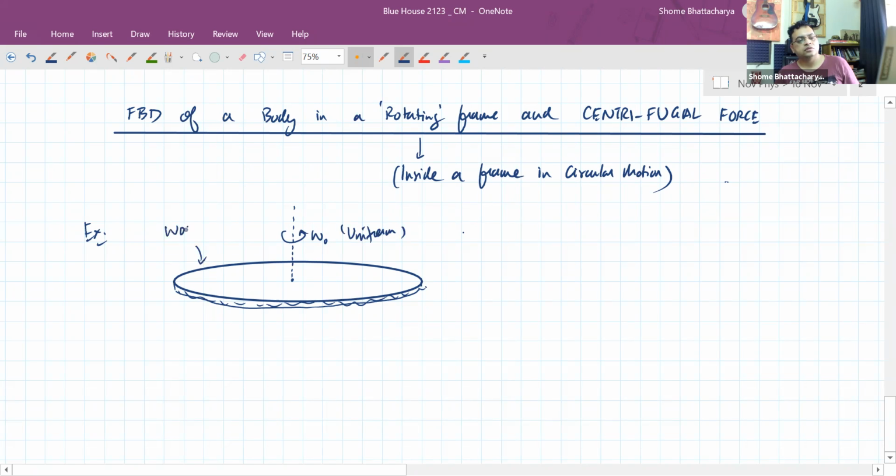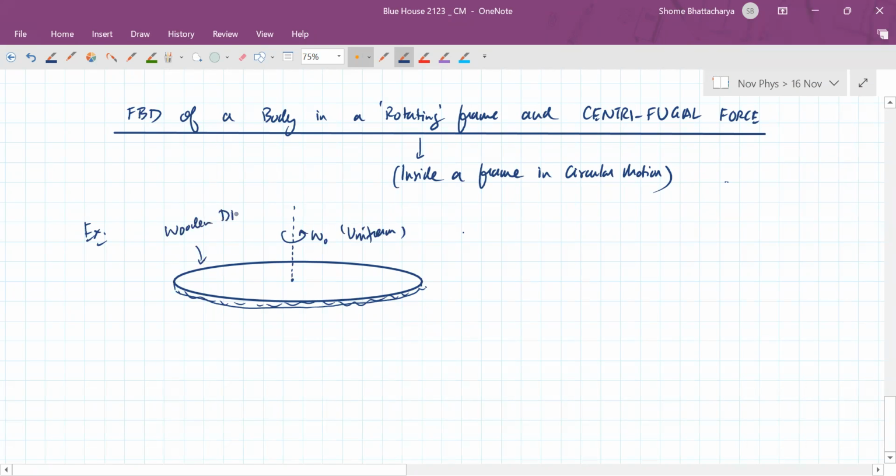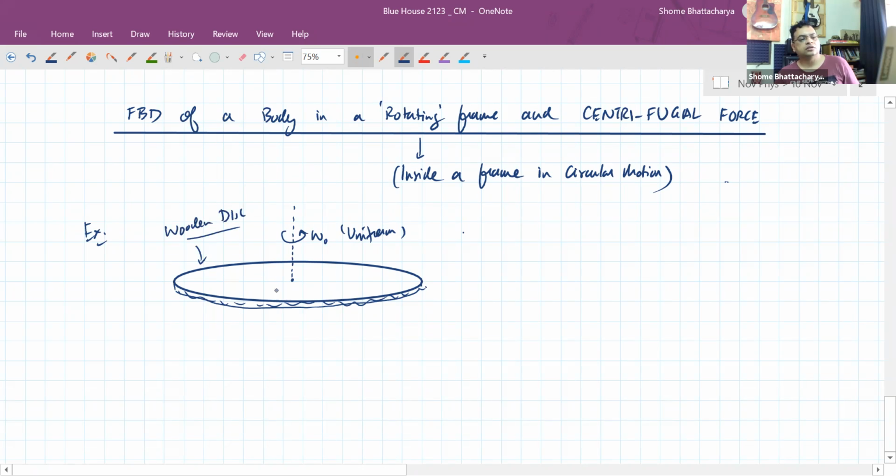So we have a wooden disc which is rotating like this. Now imagine also on this disc you have a particle which is at a distance r on the surface and is of mass m. So this is a rough surface.